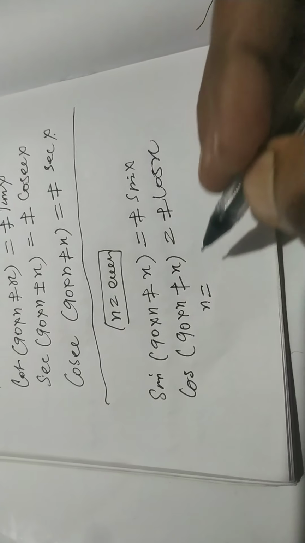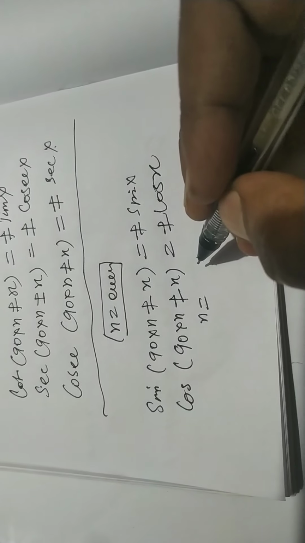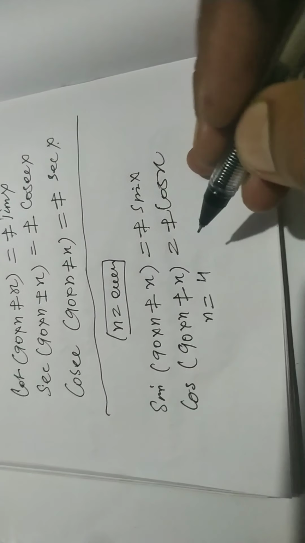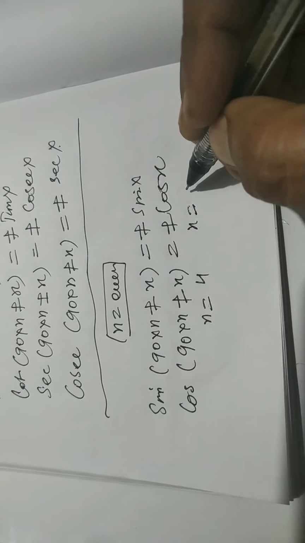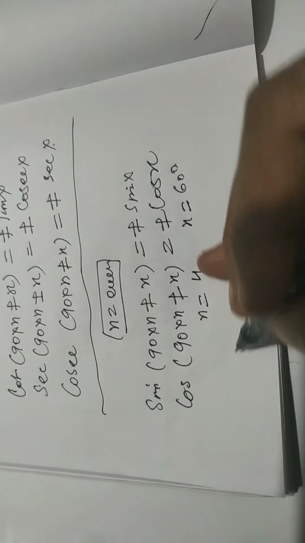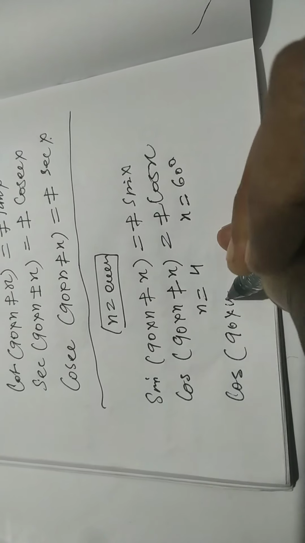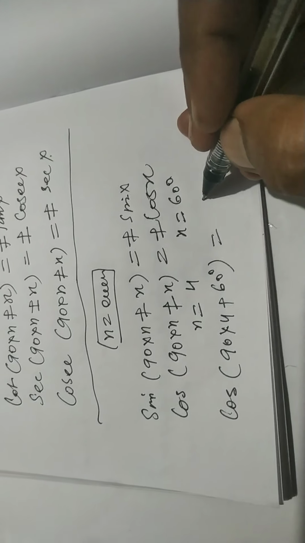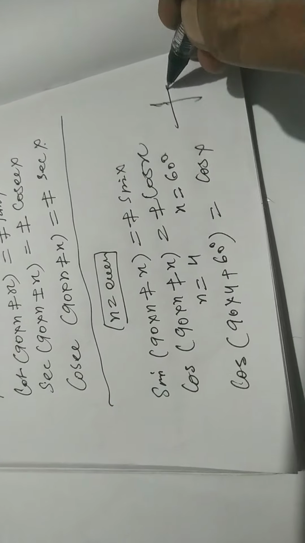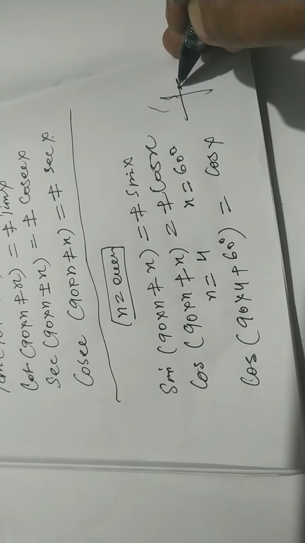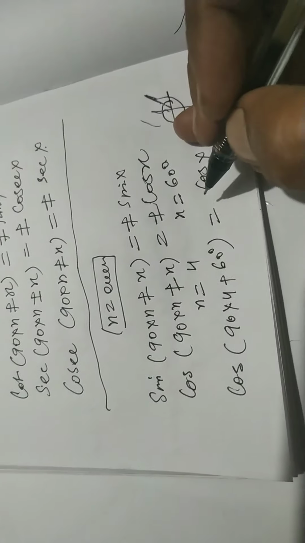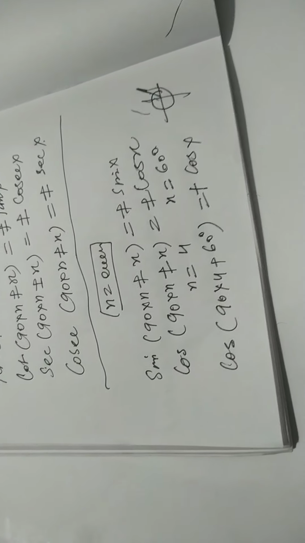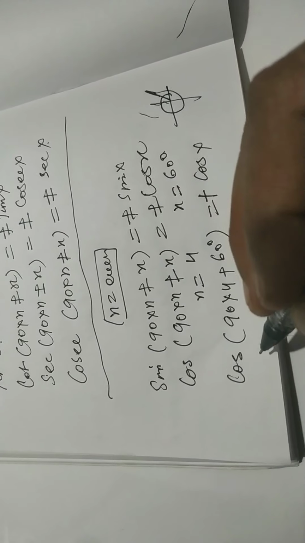Now let n be equal to 4 and x equal to 60 degrees. Then cos(90 × 4 + 60°) is equal to cos x, and we check the sign: it lies in the first quadrant, where cos is positive, so we write plus.